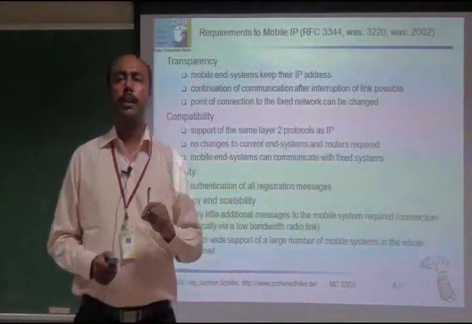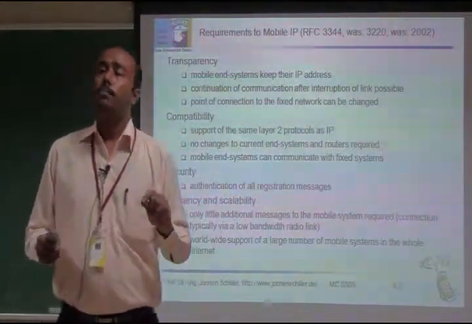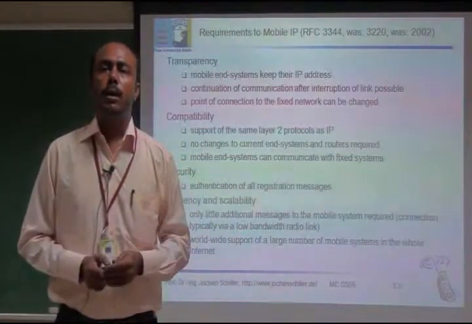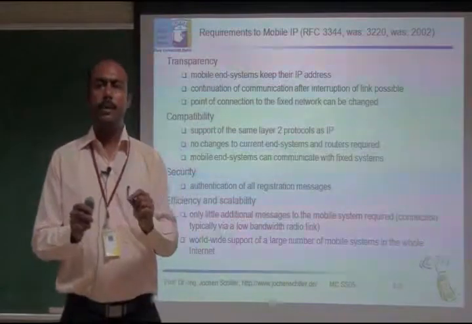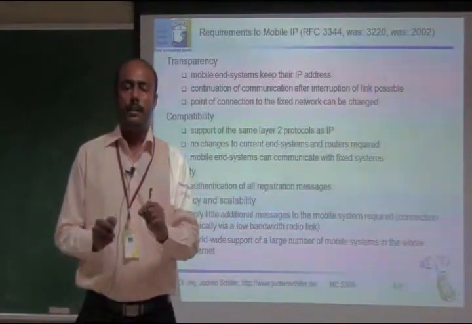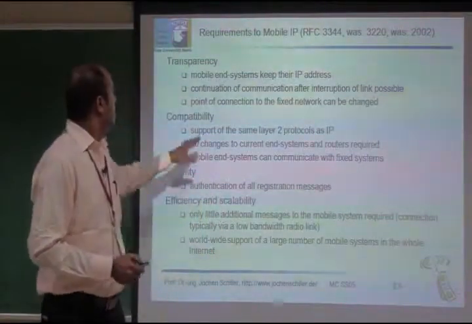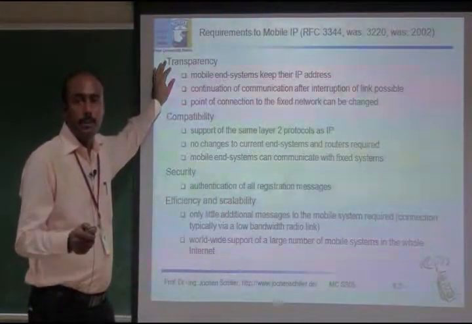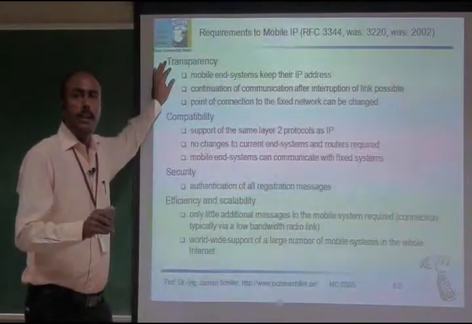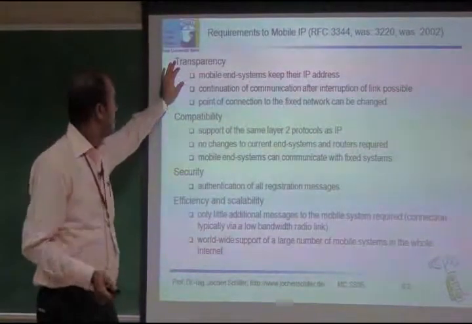So the first node will use the 10th node's IP address to transmit the data, but need not know where the 10th node is present. By using the destination IP address only, the first node will send the data. That is called transparency. Transparency is invisible to the users. Any user need not know where the particular destination mobile node is present.